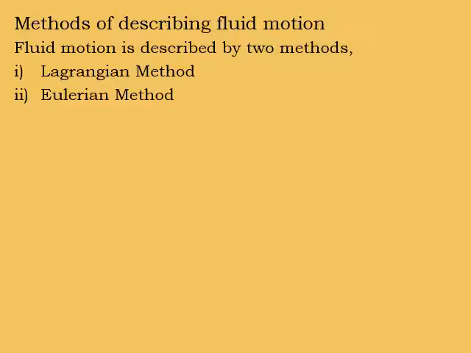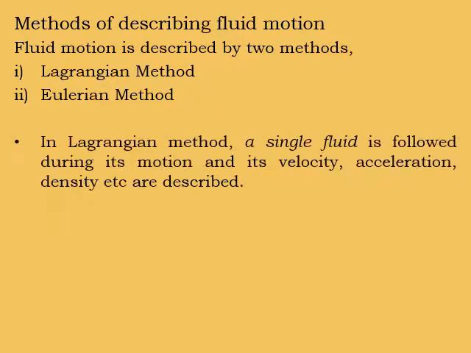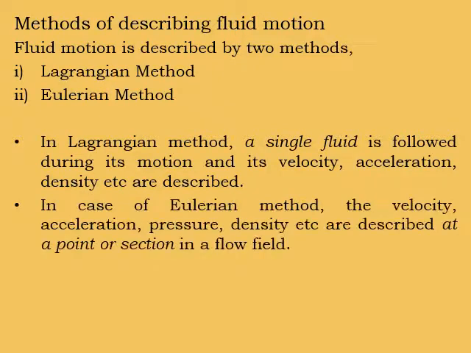In the Lagrangian method, a single particle is followed during its motion and its velocity, acceleration, density, etc. are described. But in the Eulerian method, the velocity, acceleration, pressure, density, etc. are described at a point or section in a fluid flow field.